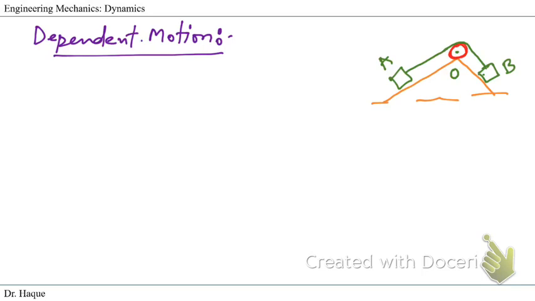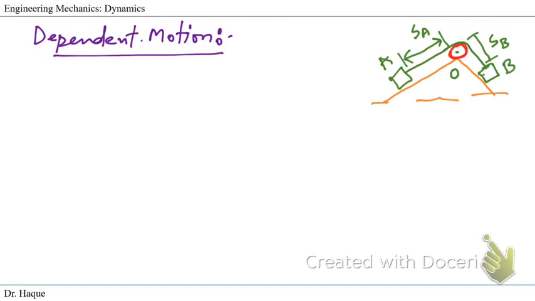So the distance from this datum, the fixed point, we can measure from here to there. We can call it distance SA, and this distance we can call SB.